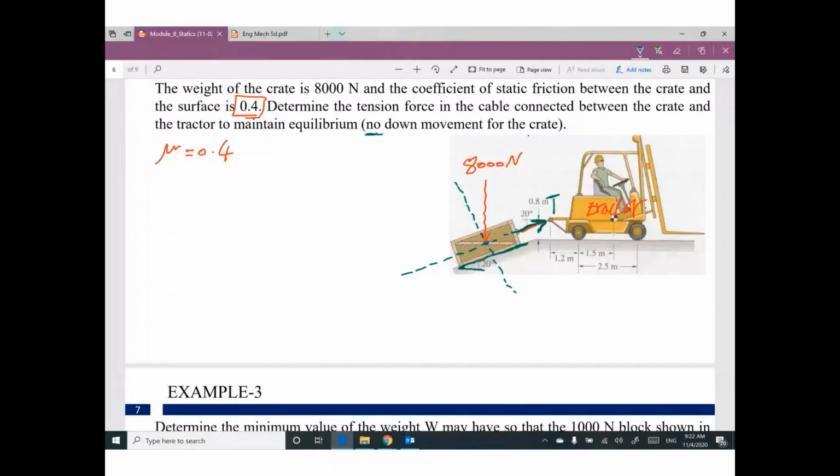This angle theta, which is the inclined angle for this surface, equal 20, will be the same value between the weight and this axis, 20. So the weight 8,000 will be broken into a component in this direction, 8,000 cosine 20, and another component here, 8,000 sine 20.